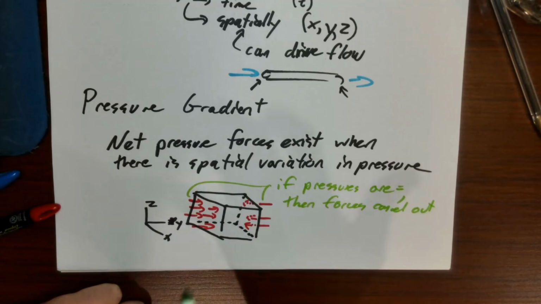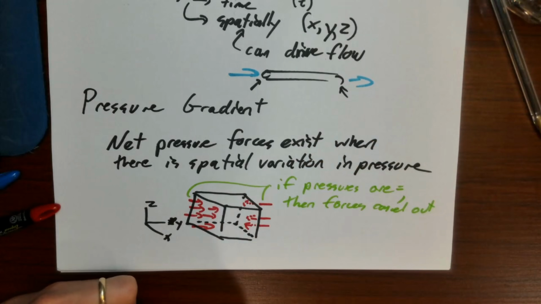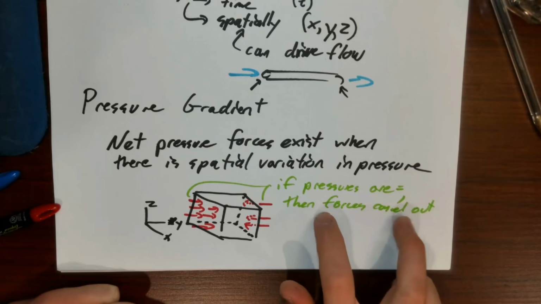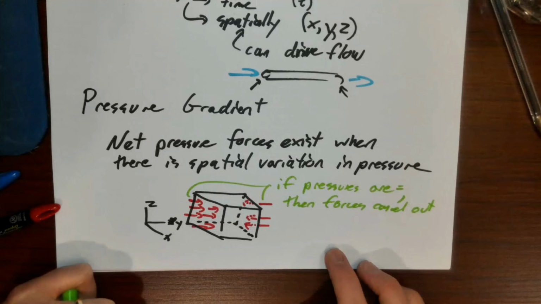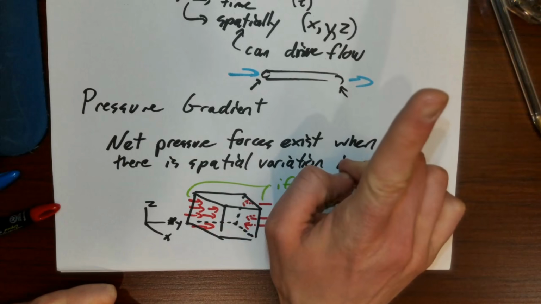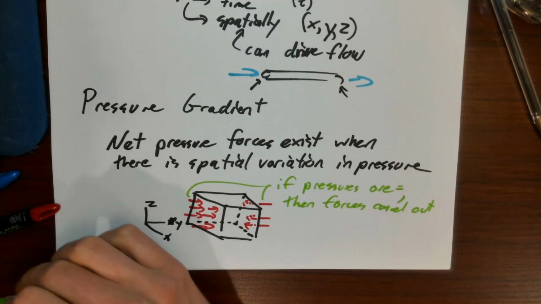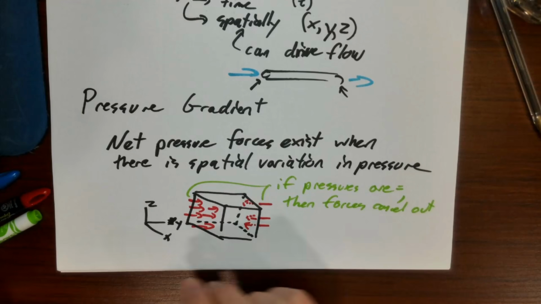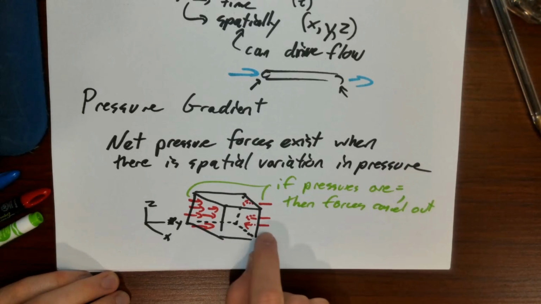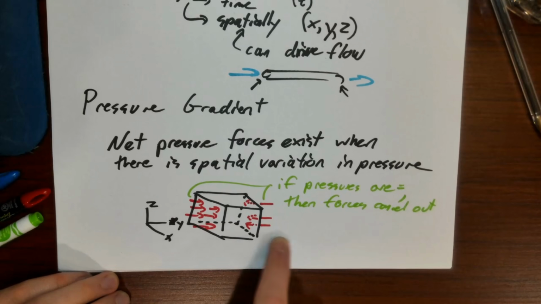A lot of times only interesting things really happen in fluid mechanics when we get net pressure forces. So if the pressures are equal, the forces cancel out. Conversely, if these pressures are unequal, then we're going to get a net pressure force, which is oftentimes where the interesting stuff arises in fluid mechanics. So if we have a difference in these pressures, that means there must be some spatial variation in pressure here.